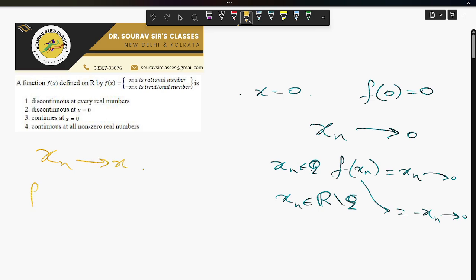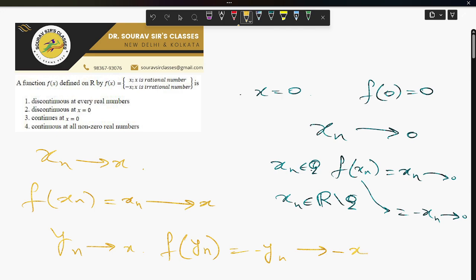Then f(xn) equals xn, which goes to x. Now consider irrational numbers yn going to x. Then f(yn) equals minus yn, and that goes to minus x.